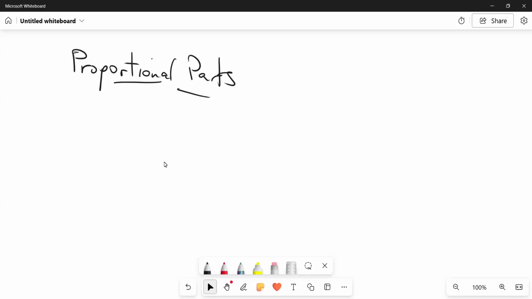Great. So the last day we were looking at ratio and proportion. We talked about direct proportion, inverse proportion, and so on, right?